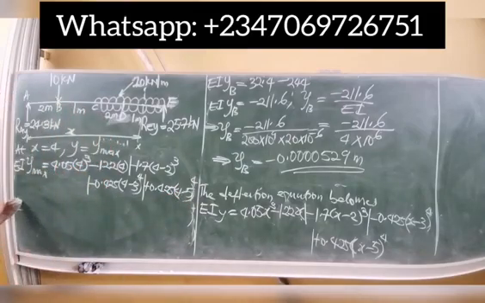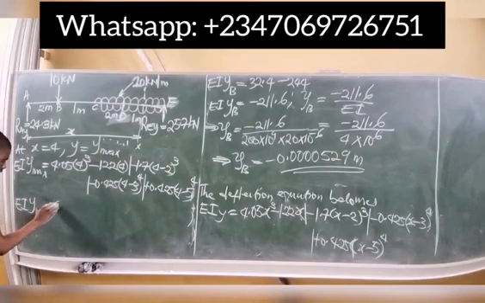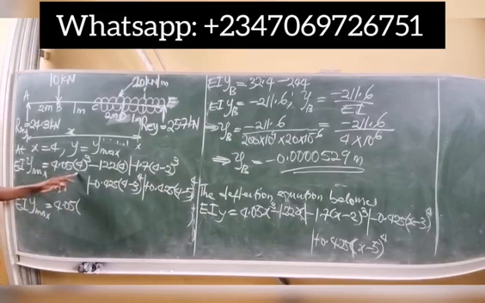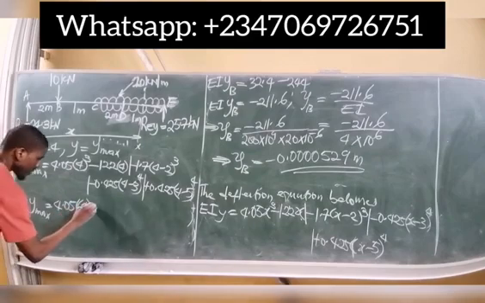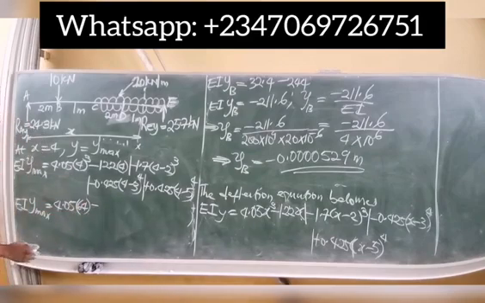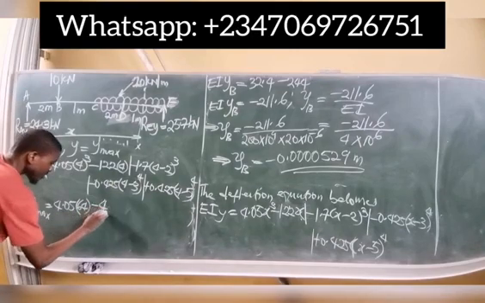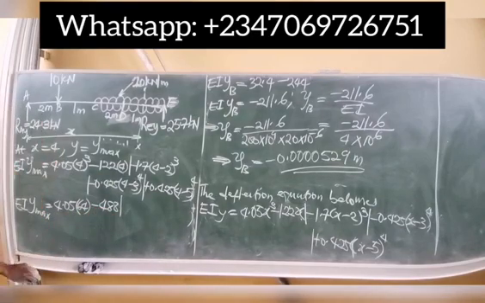So EI y max is now equal to 4.05. Let's evaluate 4 to the power of 3. That's 64. Minus 4 times 122 gives us 488. Put down your Macaulay's bracket.